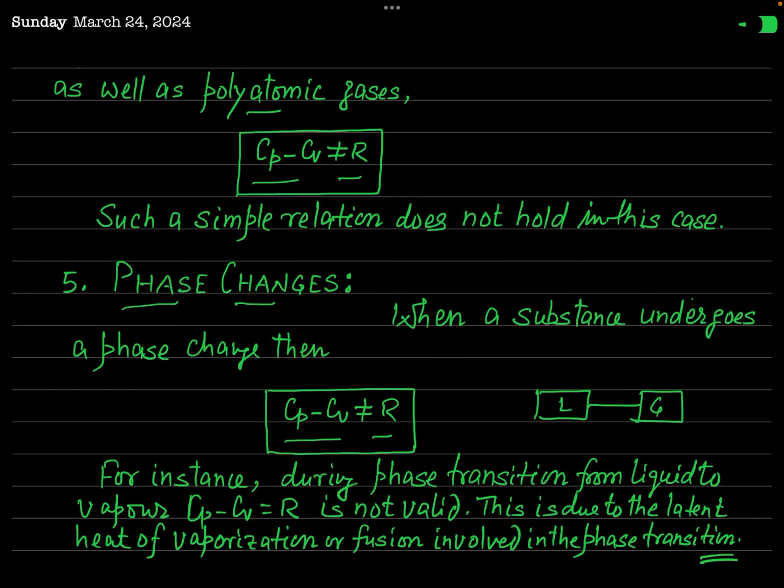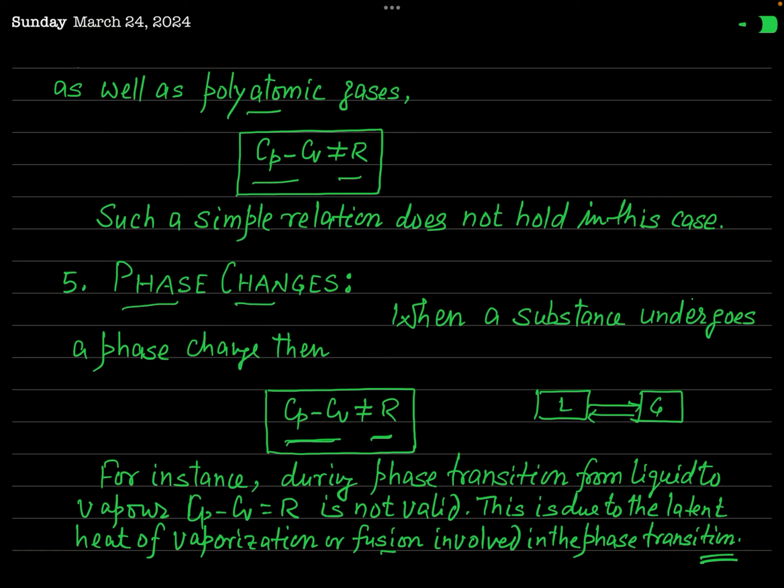Actually, during this transition, or you can take the reversible process too, a gaseous system changes into the liquid state. When liquid changes into gaseous state, that is called vaporization, and when gas changes into liquid state, that is called liquefaction. In fact, in these conditions, due to the latent heat of vaporization or latent heat of fusion involved in the phase transition, it is found that Cp minus Cv is not equal to R.